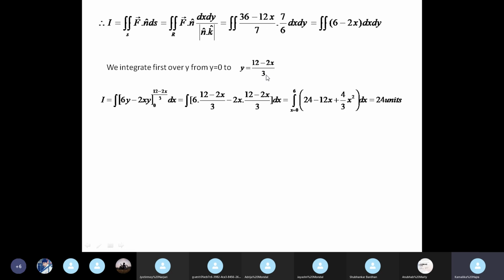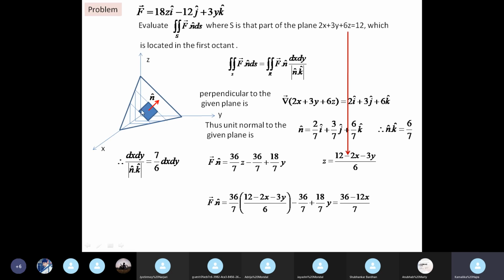Okay, so for this I'll go back to the figure once. So see, we've taken care of the z variable. Now as x goes from 0 to this point, which will be 12 by 2, y will go from 0 to 12 minus 2x divided by 3.